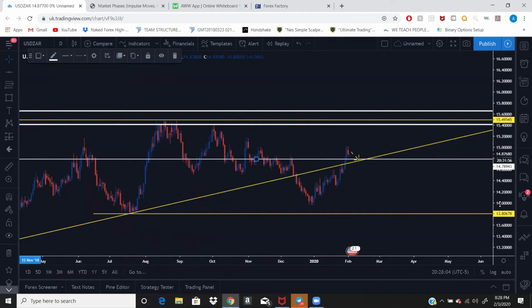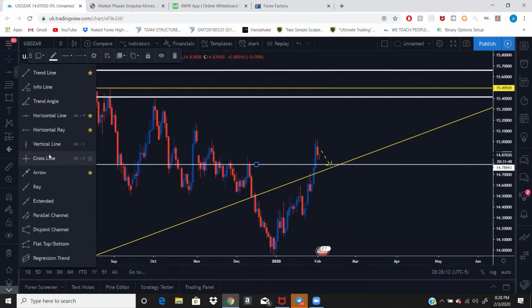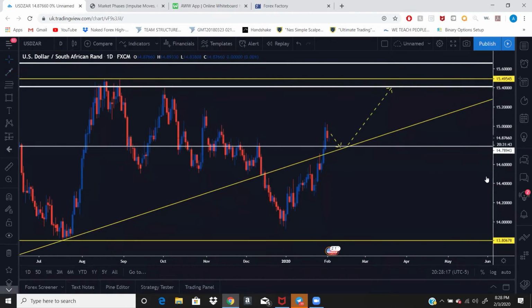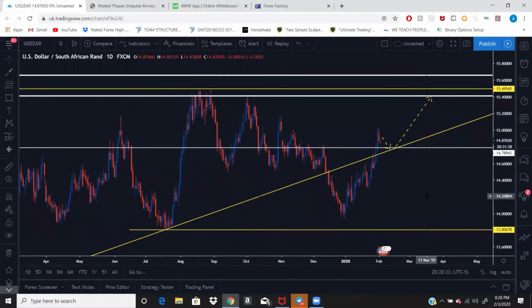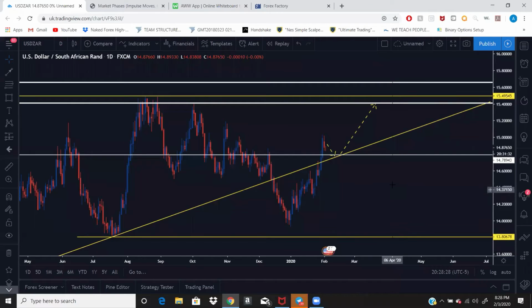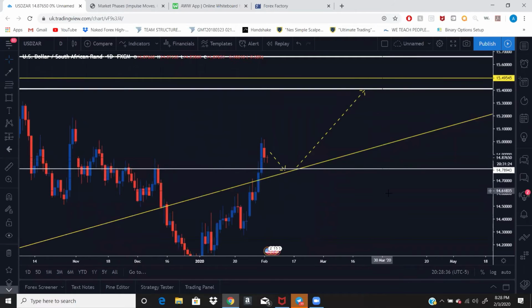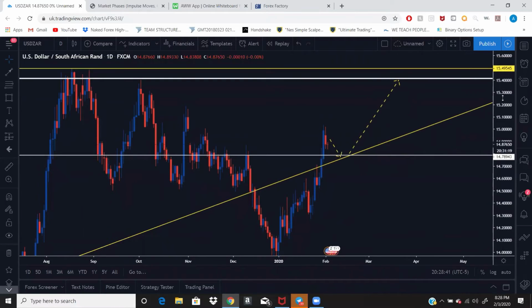So it might be a pullback to 14.78, and then from there I would honestly expect this to continue back up. And as with the previous USD pairs that we went over, we expect a strong dollar, so this would make sense from that standpoint as well. So this retrace may have come to an end as well, so just watch it so that you can catch this move back to 15.49.